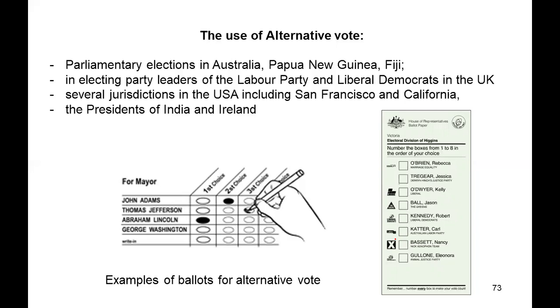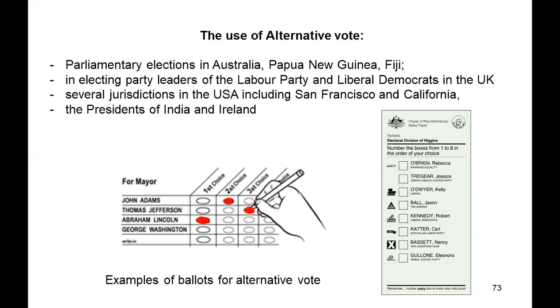Here are two examples of ballots for alternative vote. In this particular ballot, you have to fill those holes. With this particular method of voting, it is very important to organize an efficient procedure of counting, ideally a mechanical electronic procedure of reading the ballots and then counting the votes.